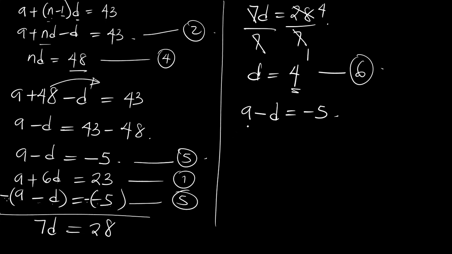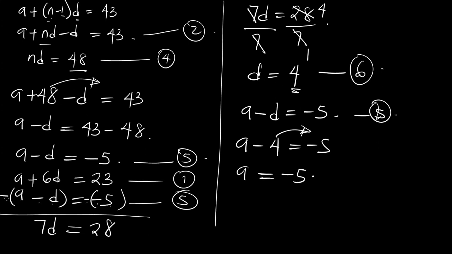Substituting d equal to 4 into equation 5, you have a minus 4 equal to minus 5. So if we move this minus 4 to this other side, you have a is equal to minus 5 plus 4. So a will be equal to minus 1, because minus 5 plus 4 is equal to minus 1.